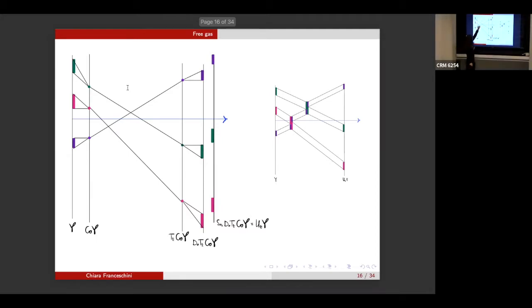I let the free gas evolve. Again, I dilate with d0. And then, since these lines cross the origin, I have to shift a bit by this amount. Okay, it's basically plus this minus this. If you think about it, this is what is going on.